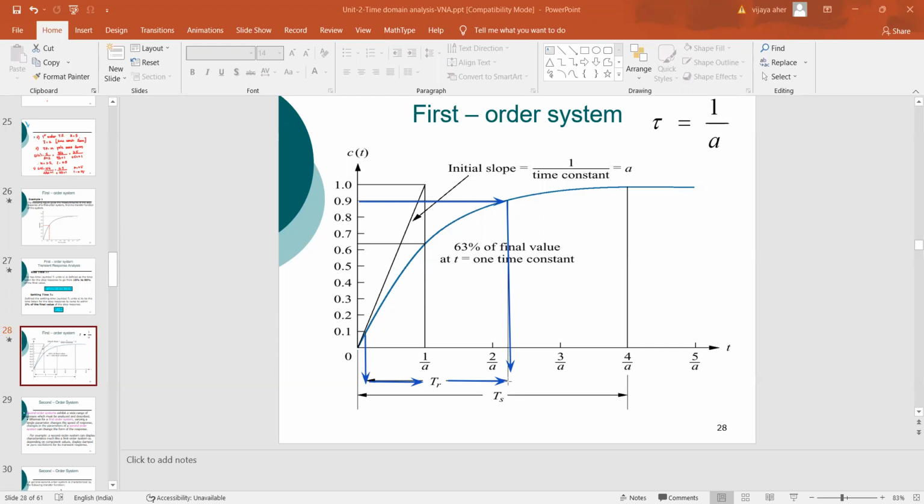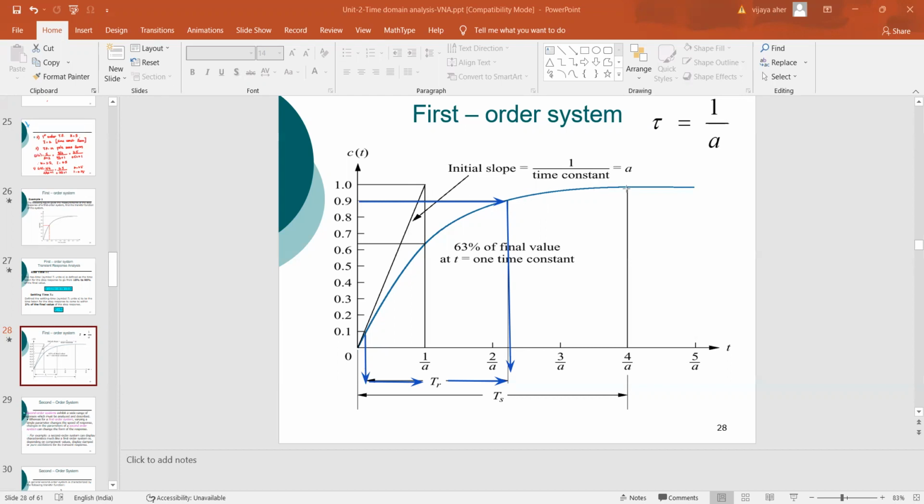According to the definition, you have just written the definition. I have shown you what rise time is in the first order system response. Now, settling time. What is settling time? When your response reaches 2% of its final value, so this is nothing but 2% of final, meaning just less than 2%.